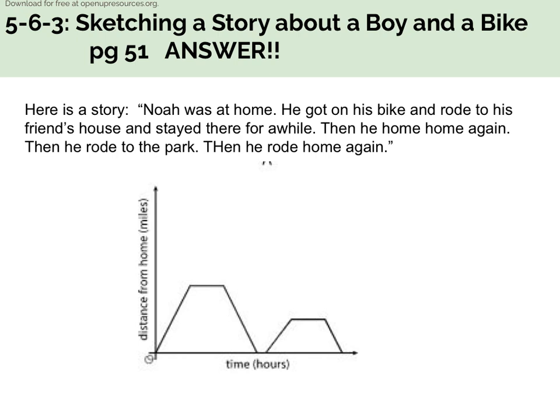And so this is the way that I set it up, because it made a little bit more sense to me as far as the house is at the bottom part and he's coming and going. So the distance from home is a function of time in hours. So distance from home in miles is a function of time in hours, because remember, the output is a function of the input.